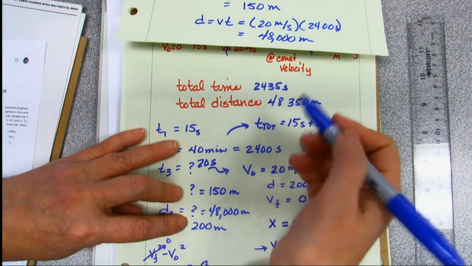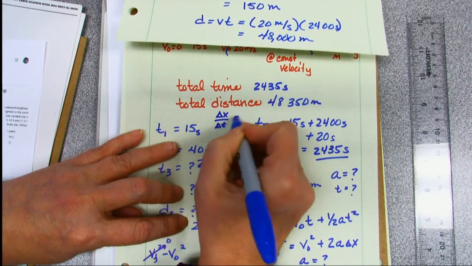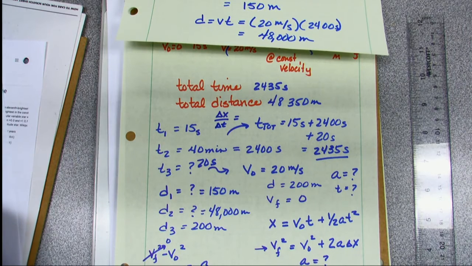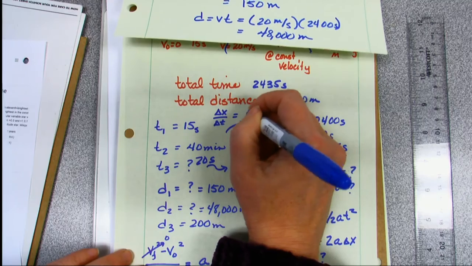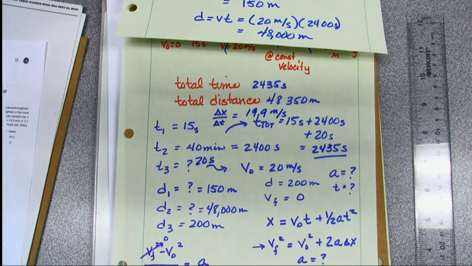My average velocity is just my change in distance over my change in time, so that's 48,350 divided by 2,435, which ends up giving me 19.9 meters per second for the entire trip.